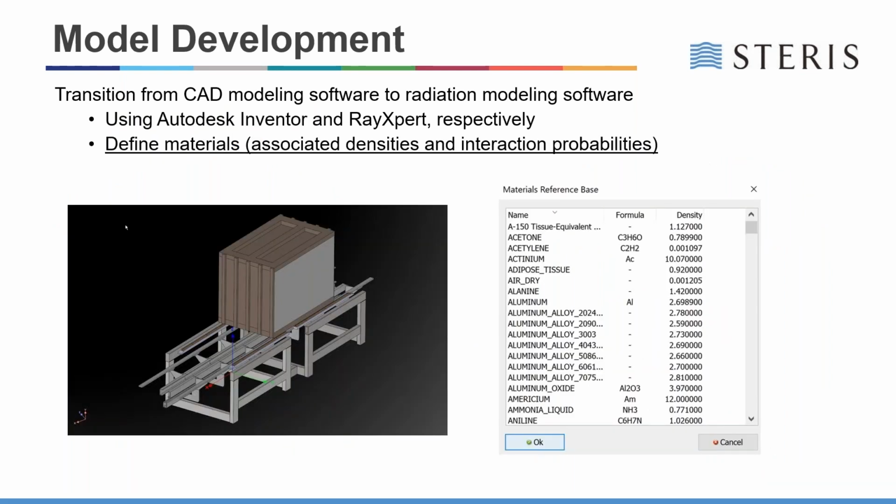Continuing on to the next bullet point, we've identified our materials as described earlier, and now we have to define them within the simulation software. So within the software, we have a comprehensive database of reference materials to choose from. This is the case specifically for RayXpert and might not be with other possibilities. This is convenient, as there's this reference material database to choose from, and this often meets the needs for the radiation systems that we work with.